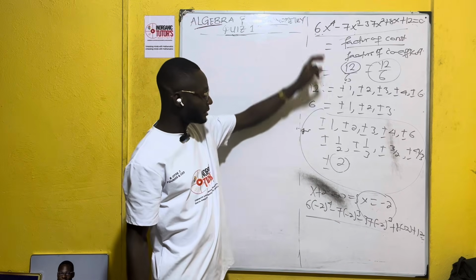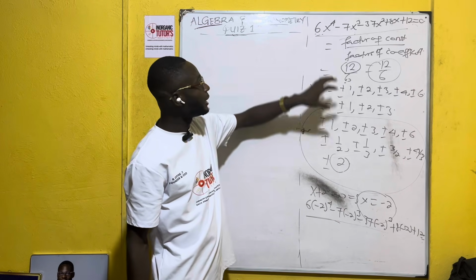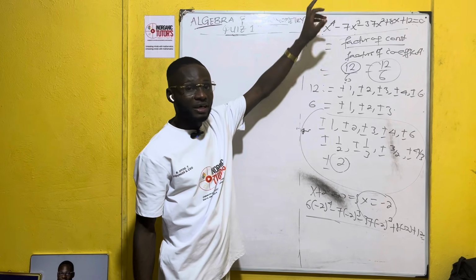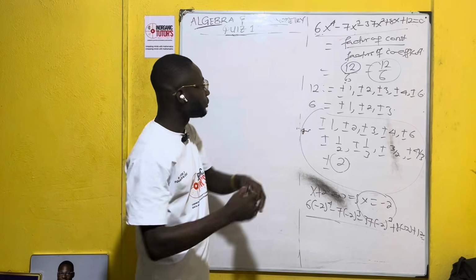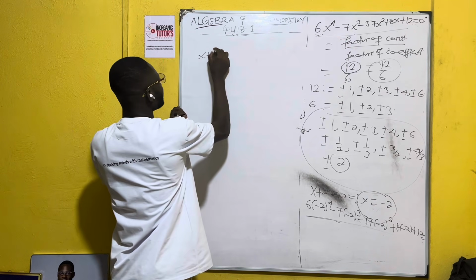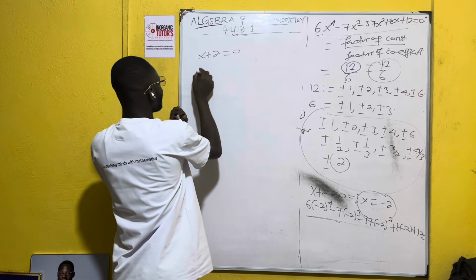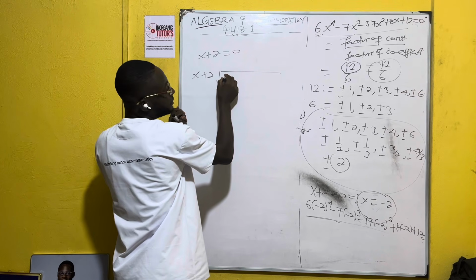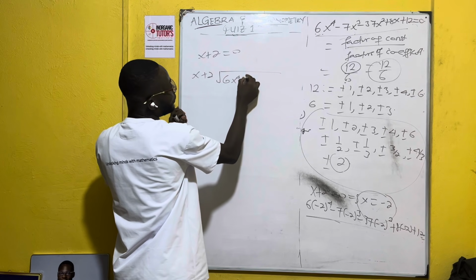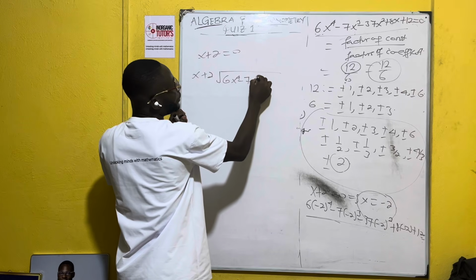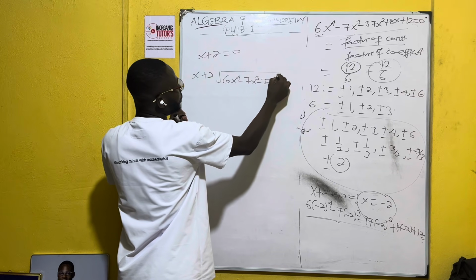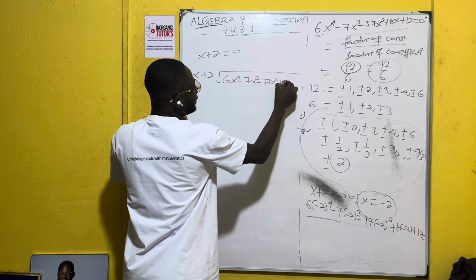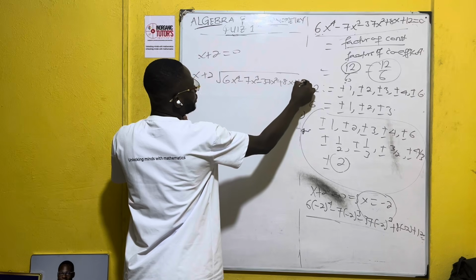So we use this x plus 2 and the polynomial function to find the other factors. We take that x plus 2 and divide it into 6x⁴ minus 7x³ minus 37x² plus 8x plus 12.